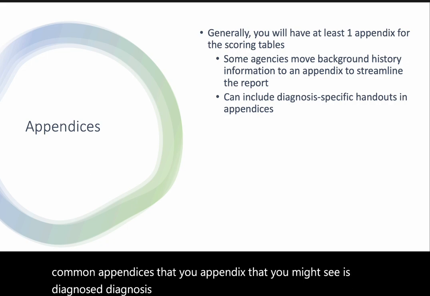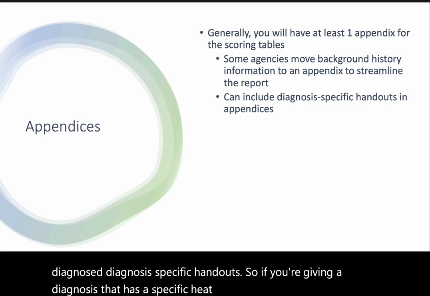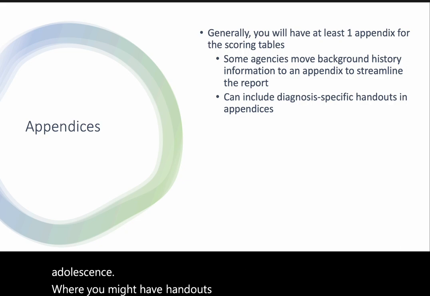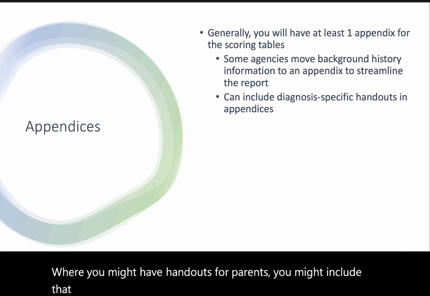specific handouts. So if you're giving a diagnosis that has a specific handout that's associated with it, this is really common for child assessments that are done or adolescents, where you might have handouts for parents. You might include that in an appendix so that the parents have that information.